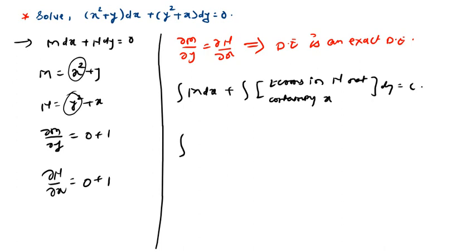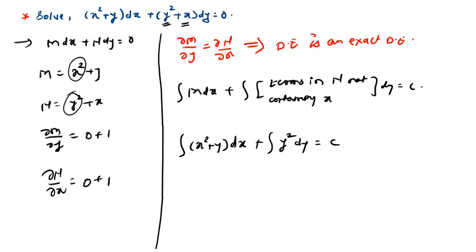So put in the terms. What is M? M is x square plus y dx, plus terms in N. The first term is y square, which does not contain x, so we will take it, and the second term contains x, so we will not take it, into dy equal to constant.